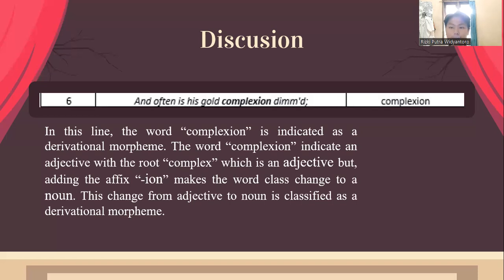Next is the word complexion in the sixth line. The word complexion is a noun with the root complex, which is an adjective, but adding the affix -ion makes the word class change to a noun. So this change in word class is classified as a derivational morpheme.